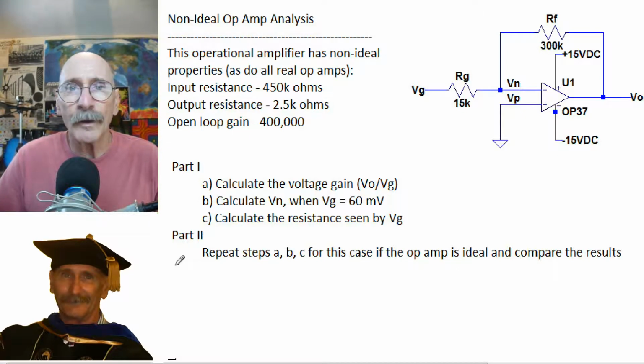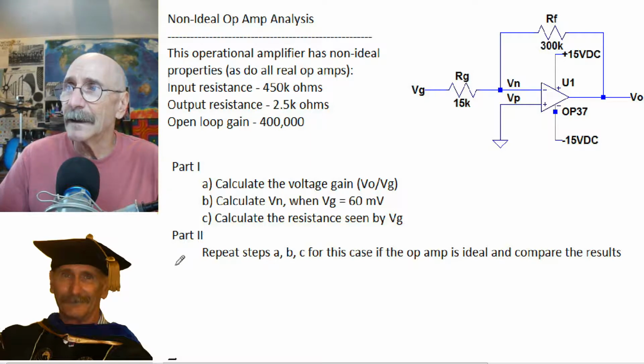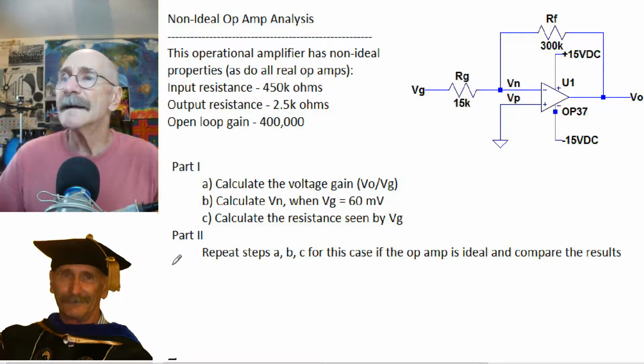In part one, there are three parts. Part A is calculate the voltage gain, that is Vout over VG, where VG is the input voltage and Vout is the output voltage.